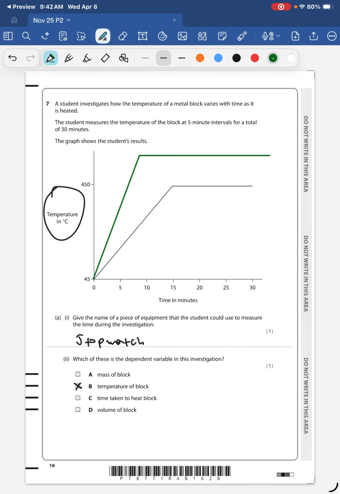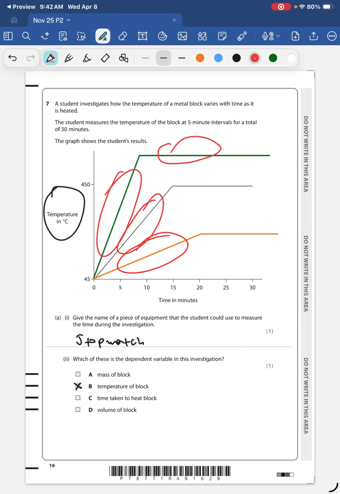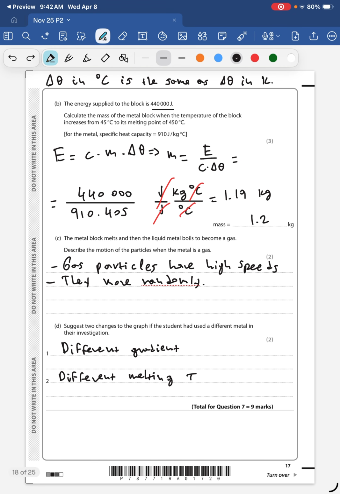Okay, so different temperature, or maybe like this, and then like that. Okay, so we'll have both a different gradient. Let's use red. So different gradient, different melting points, etc. Okay. All right. This was question 7, guys, and let's move on.